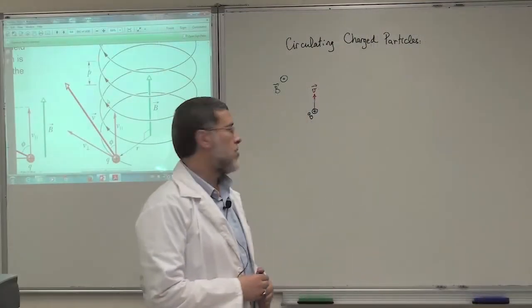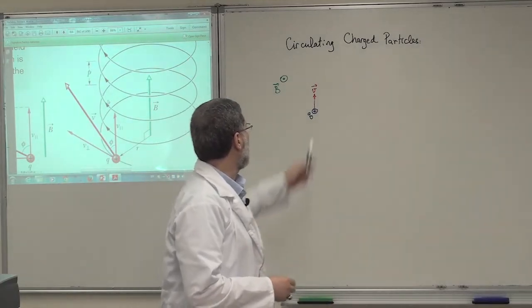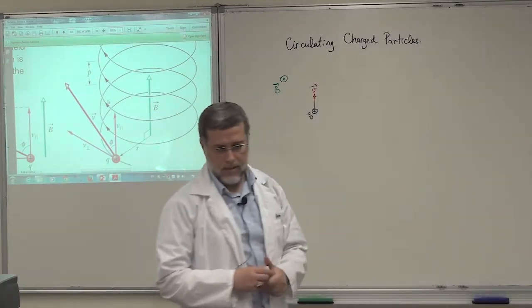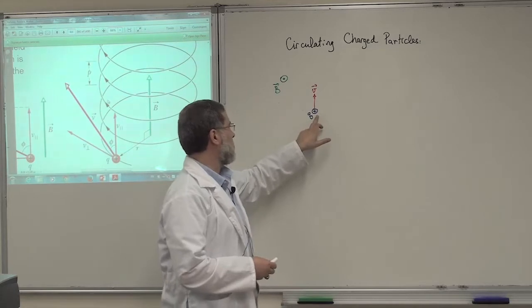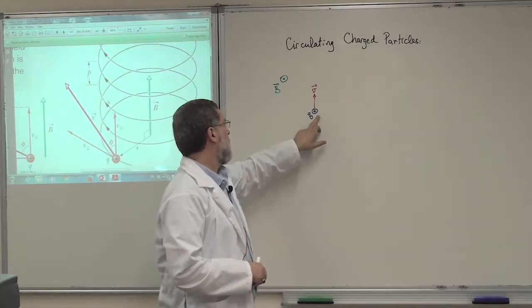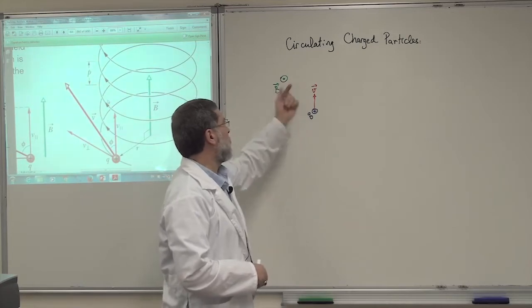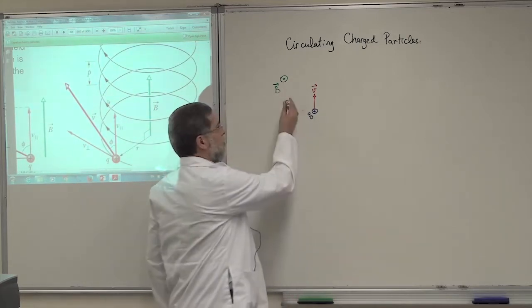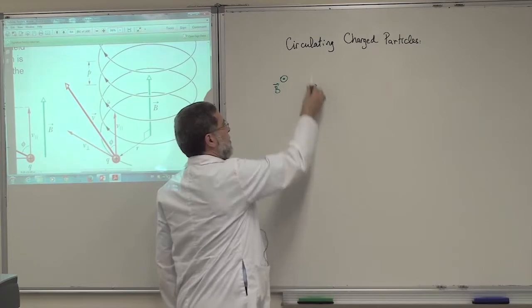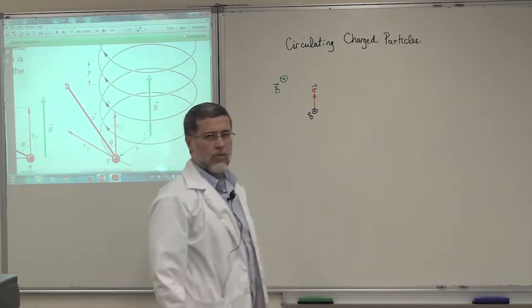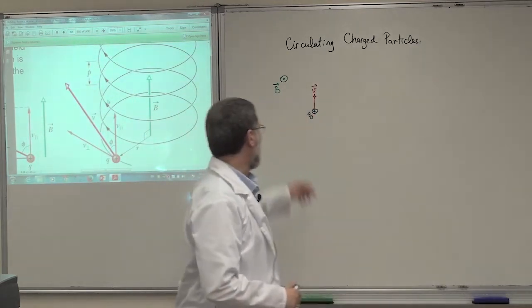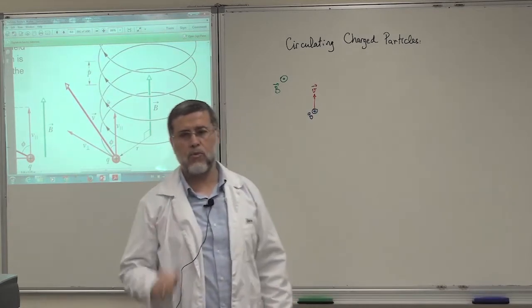Okay, now we are going to discuss the concept of circulating charged particles. So these are charged particles, positive charge let's take, and they are in a magnetic field in this region, which is coming out of the board. So I know the magnetic field is out, the velocity is up. Can you tell me the direction of the magnetic force on this charged particle by using the right-hand rule?